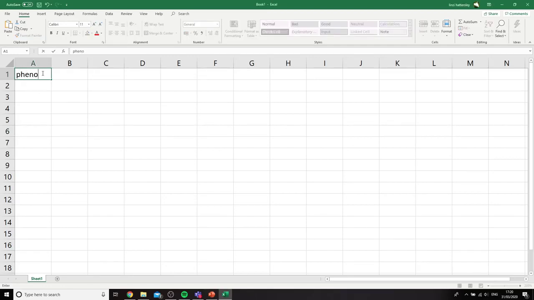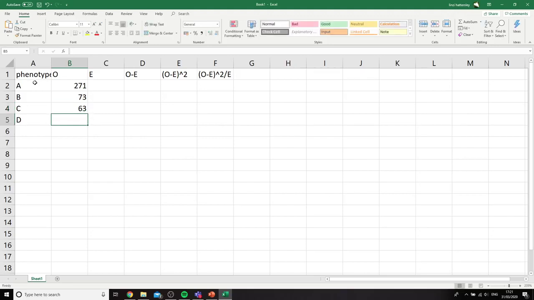So that's the phenotype, observed, expected, observed minus expected, squared. We have A, B, C, and D. So 217, 71, 73, 63, 26.